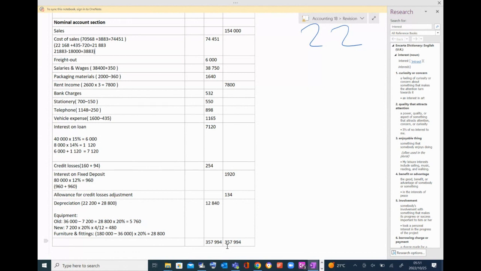Right, and then the last week wages of August are still to be paid. Okay, so 350. So that's obviously an accrued expense. And then salaries and wages, as you can see here, we're adding it in. Then interest on fixed deposit has been received only for 6 months of the year. So that's obviously an accrued income.